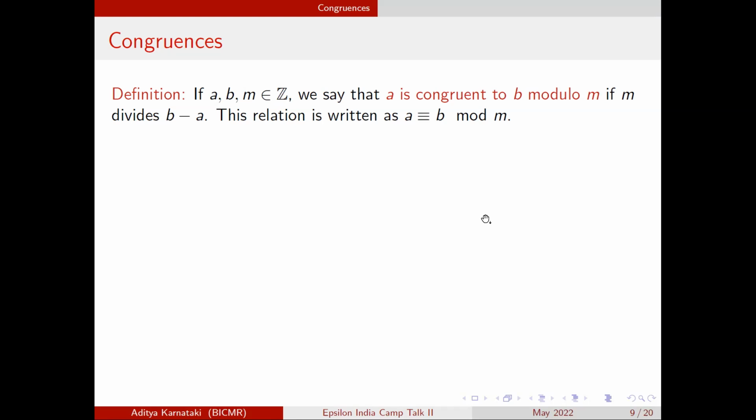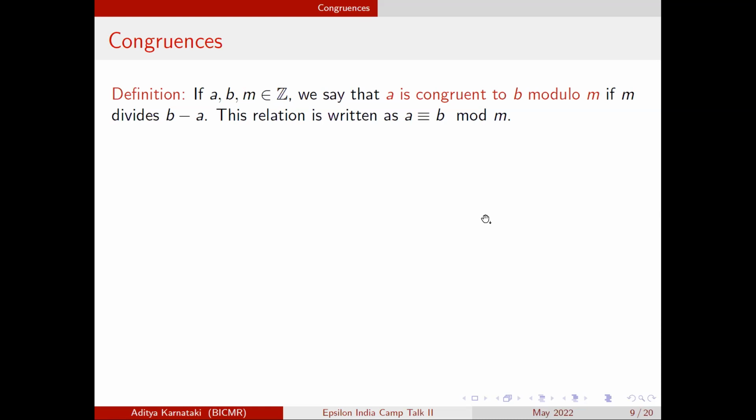We say that A is congruent to B modulo M simply if M divides the difference B minus A, or A minus B. And this relation is written as A congruent to B modulo M. It's with 3 lines to suggest that it's not an equality, but rather it is this state. In many ways, you can treat it as an equality also, but in many ways you cannot. We'll see some of that later.